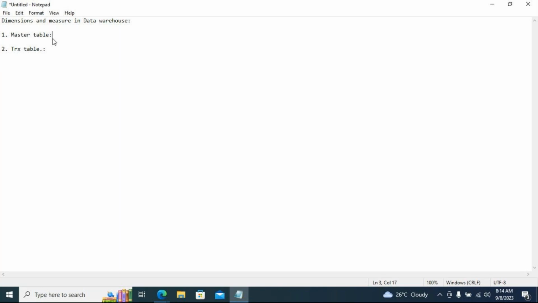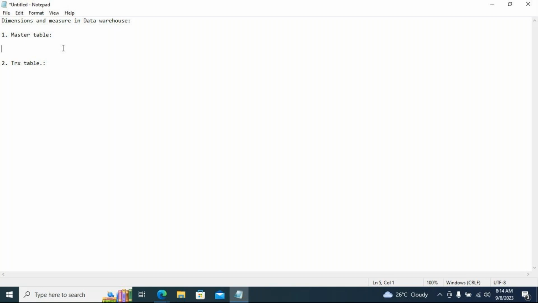Coming to the master table, as we discussed, what is a dimension? Similarly, this master table contains information about only the business. Got it? So it is going to store only descriptive information or textual information.